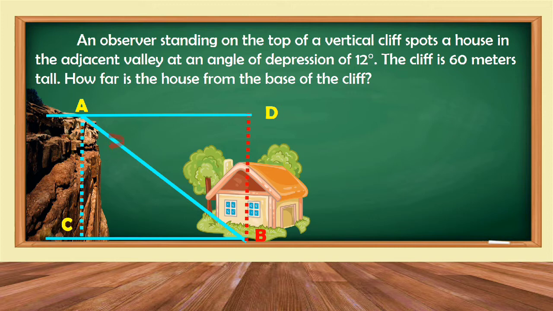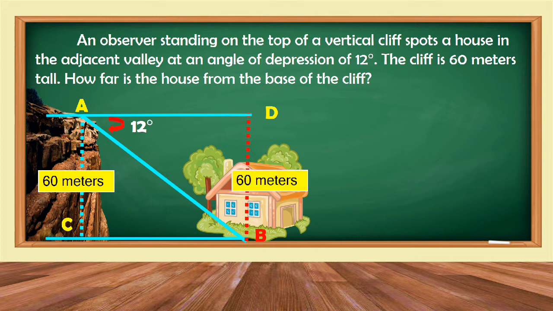The angle of depression is 12 degrees. The cliff is 60 meters tall. Since line segment AC is equal to line segment DB, therefore, line segment DB is also equal to 60 meters.